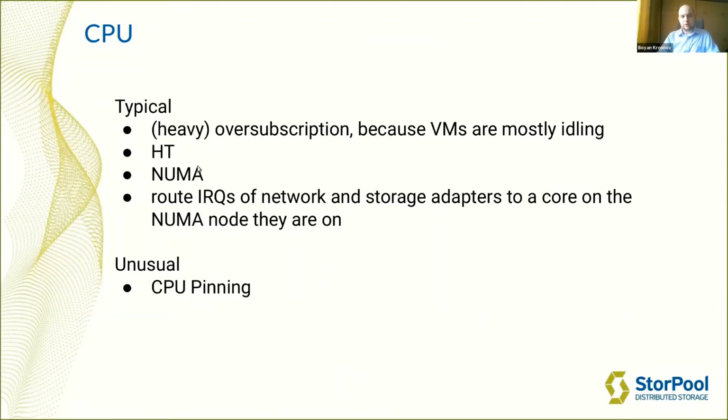Hyperthreading is used. NUMA optimizations are used quite extensively, both in Intel and in AMD CPUs. Achieving data locality, so that the virtual CPUs run on CPU cores which are close to the memory used by these virtual CPUs, gives you a very high performance boost.